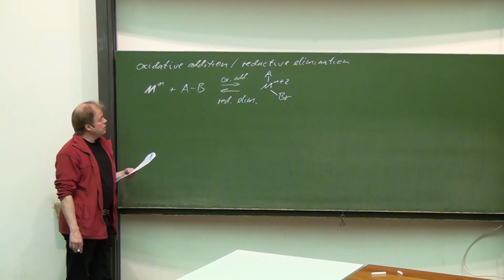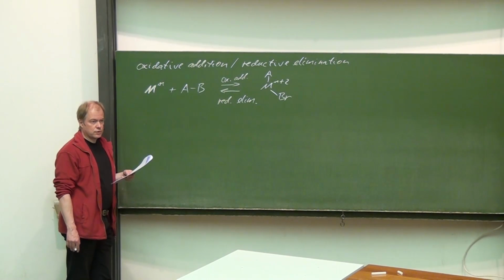So, generally, rather electron-rich transition metal complexes, those, for instance, with phosphine ligands, react quite nicely with carbon halide bonds under oxidative addition reaction.